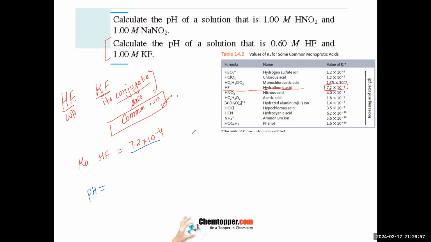What's the pKa, Azuni? Write it in the same way as earlier. Children, see how she is writing. That's a very easy method. You can plug it in very easily in your calculator. If you plug in like this, you will get 3.14.